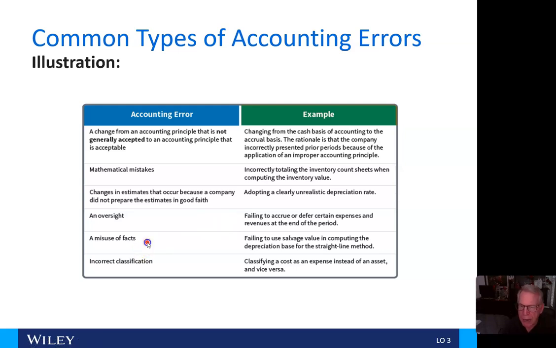The next error would be the misuse of facts. And the example is failing to use salvage value in computing the depreciation base for straight line method. And then finally, an incorrect classification as an error. Here the example was classifying a cost as an expense instead of an asset, and vice versa.